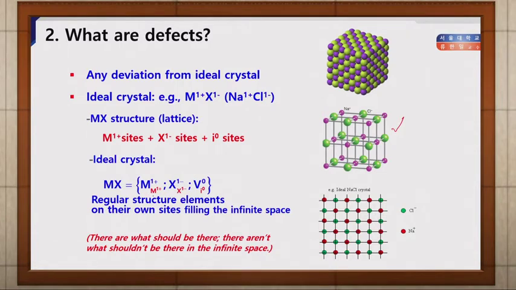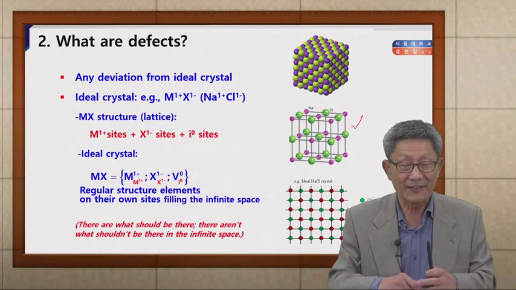This M on M site is what should be there. And here the vacancy is what should be there too. So this makes the ideal crystal. The ideal crystal consists of this regular structure element. We call these things regular structure elements because they are the elements for constructing the whole structure.